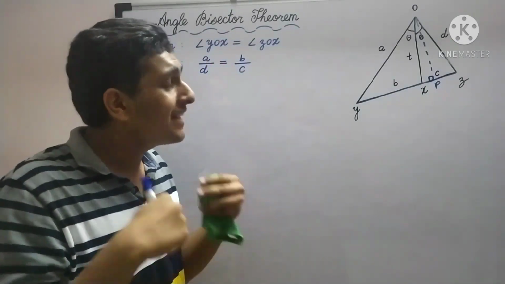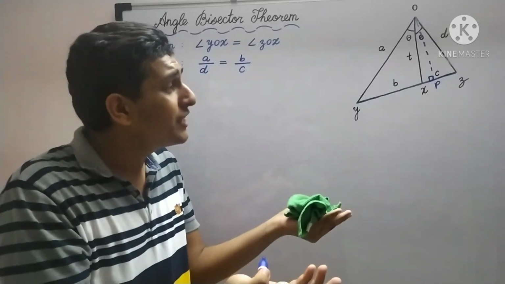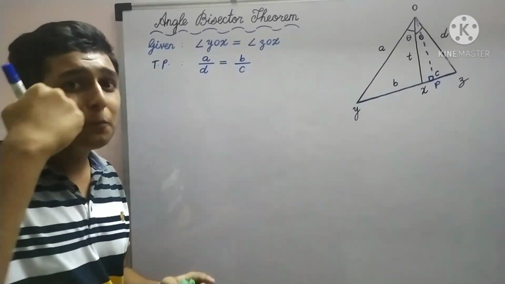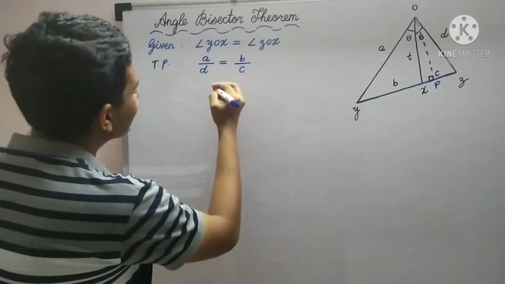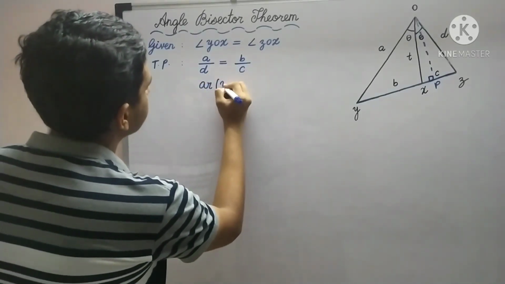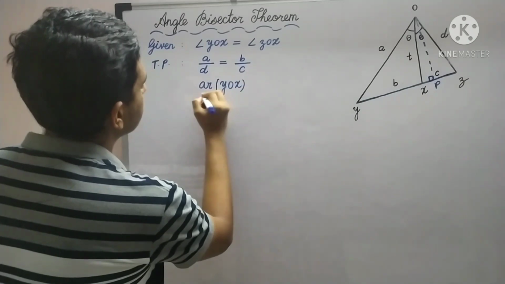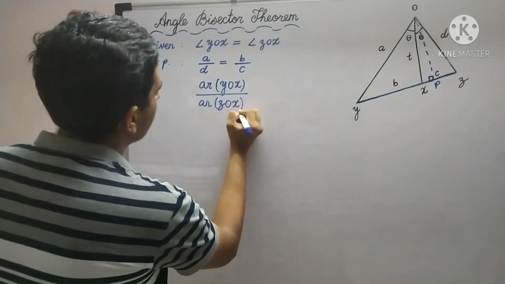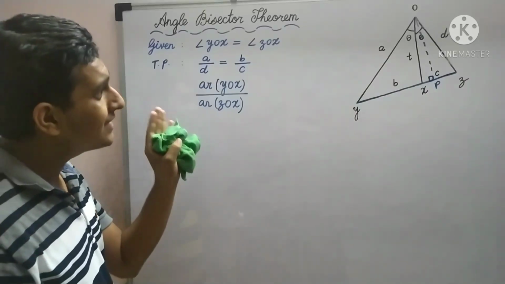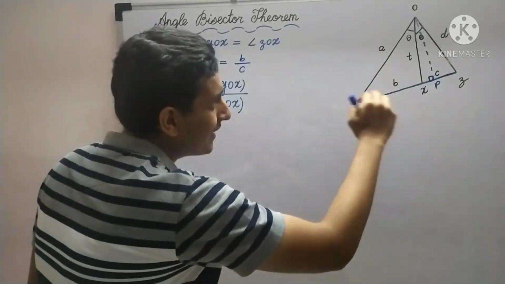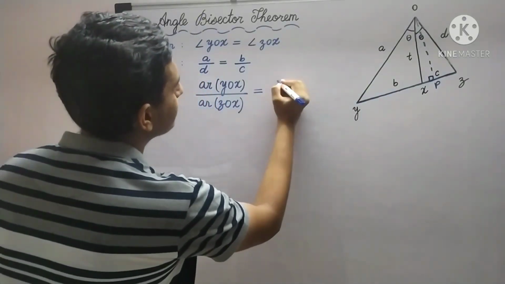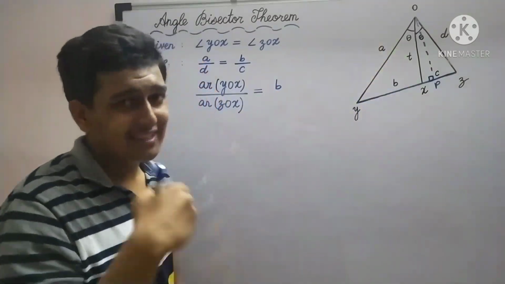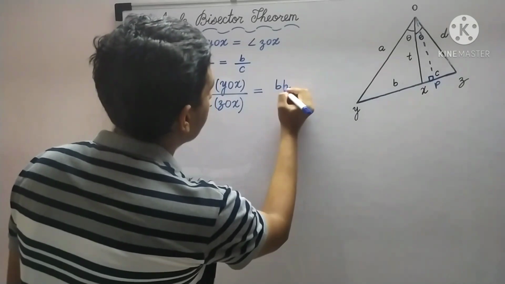Consequently, when we take into consideration the ratio of the areas of triangles, it corresponds to their bases. Let's see why. Area of YOX is equal to YX, that is base, which is B, into the height, say H, upon 2.